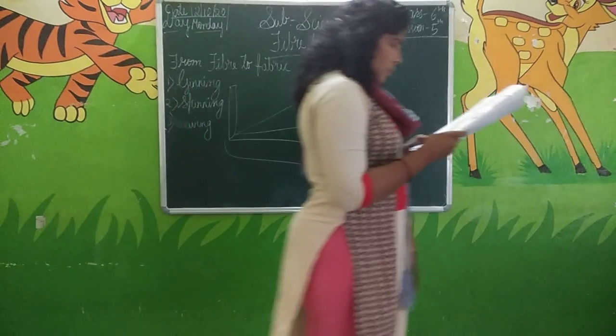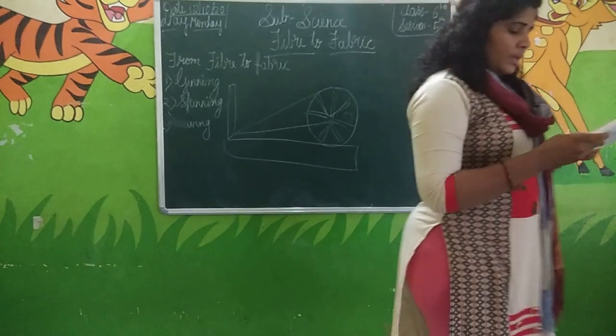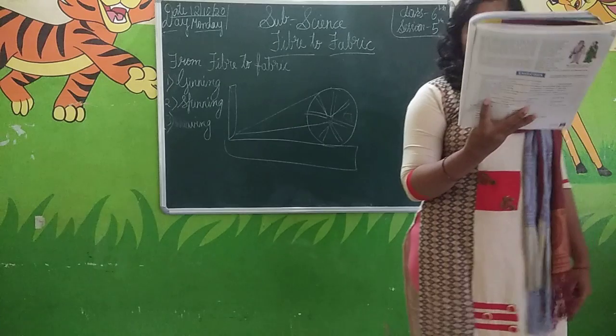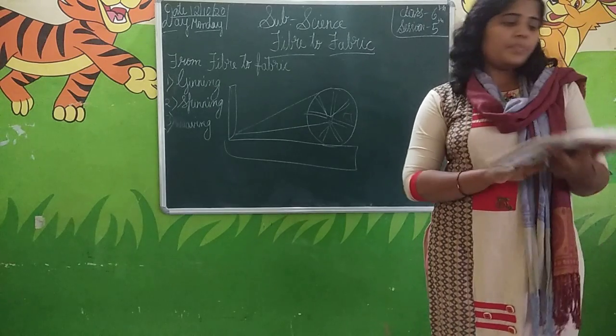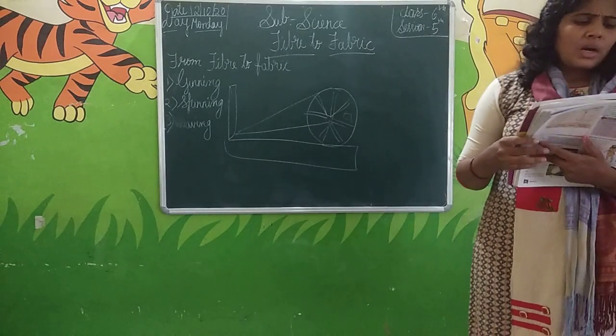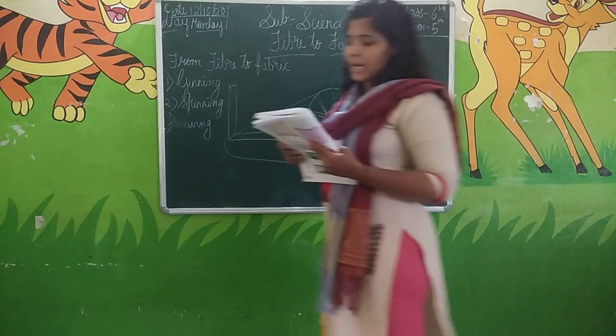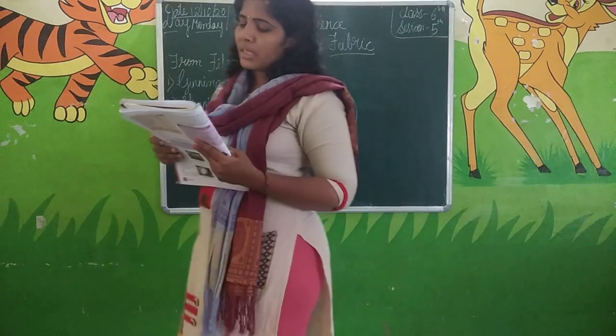Clothing was invented thousands of years ago in ancient Egypt. Cotton and flax plants were cultivated near the river Nile and used for making fabrics.